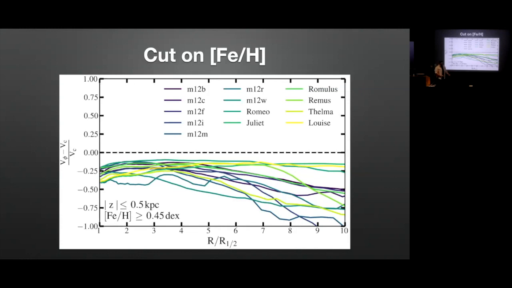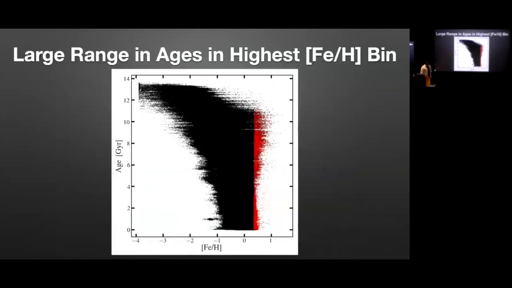We did this just to see whether, if we believe that the stars with the largest metallicities are in fact the youngest, this works. It doesn't necessarily work, because if you look at the age metallicity relation for all of the star particles in the simulation, when you look at the metallicity in the highest bin, you still have a large range in age, and so that's why we believe it's not really working as well.